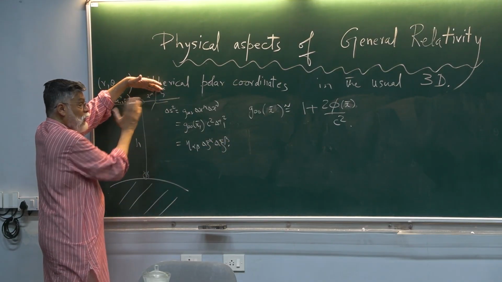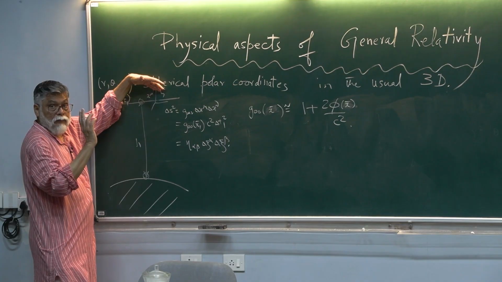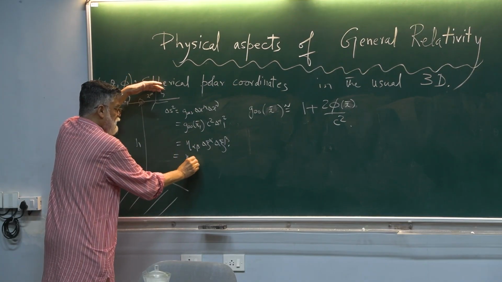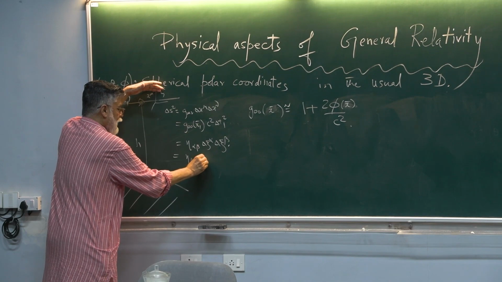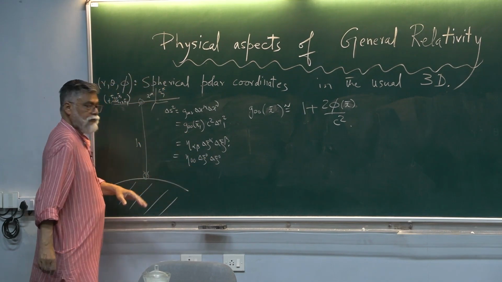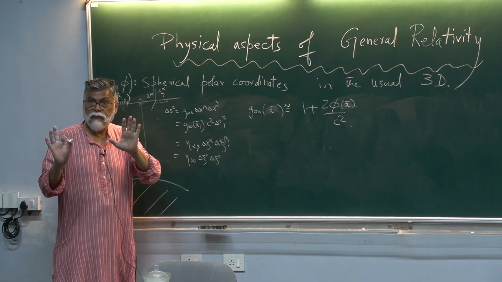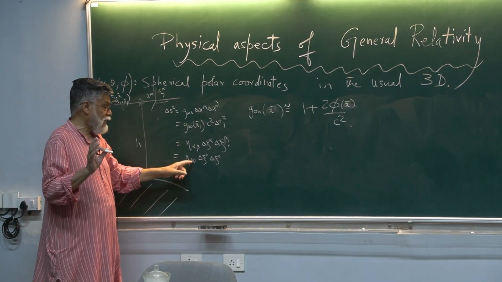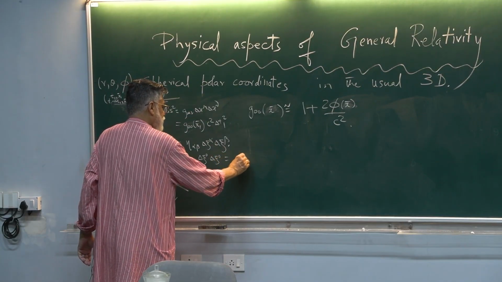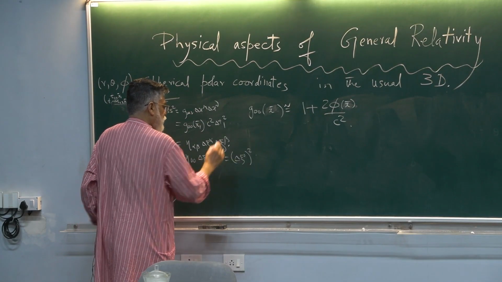But in this frame, the clock is not moving. And therefore, this is the same as eta 00 delta xi 0 delta xi 0. Agreed? But eta 00 is plus 1. So this is the same as delta xi 0 square.